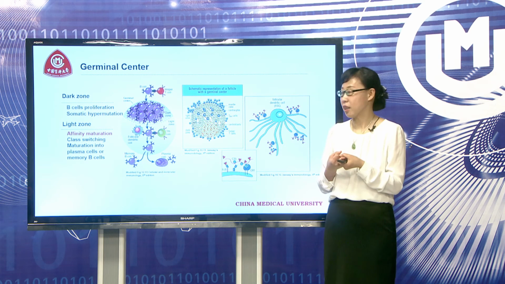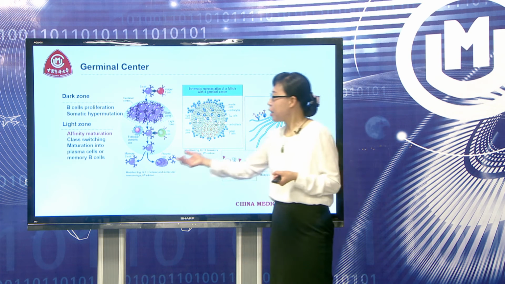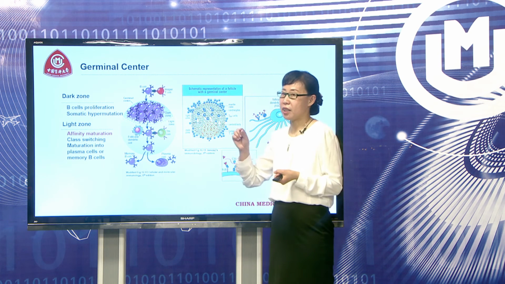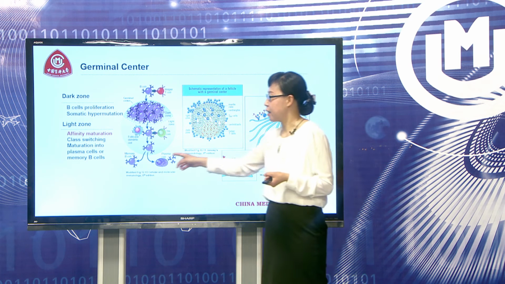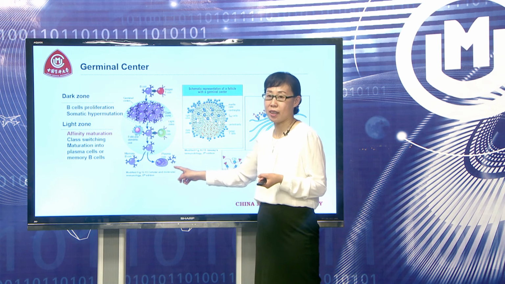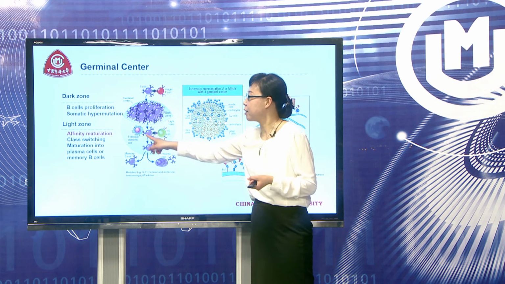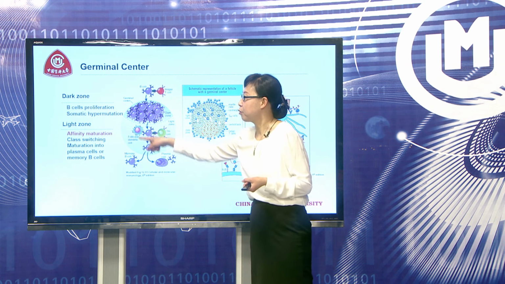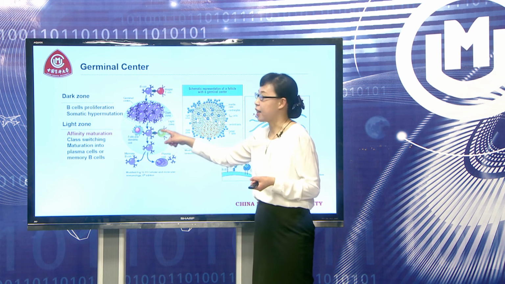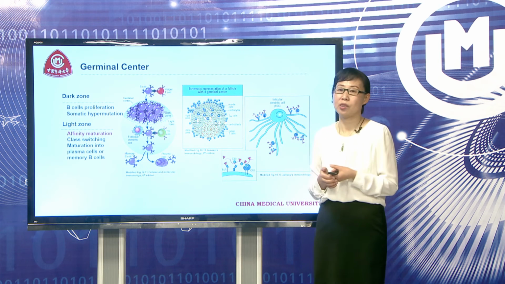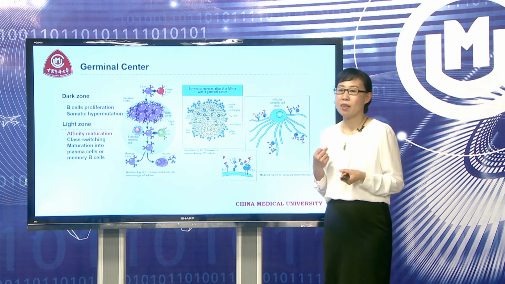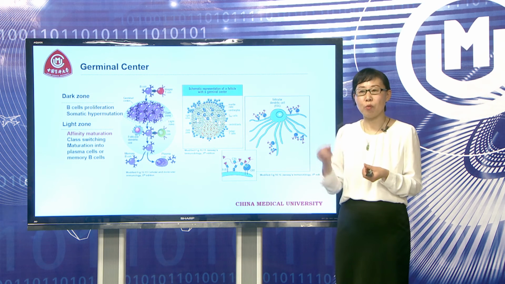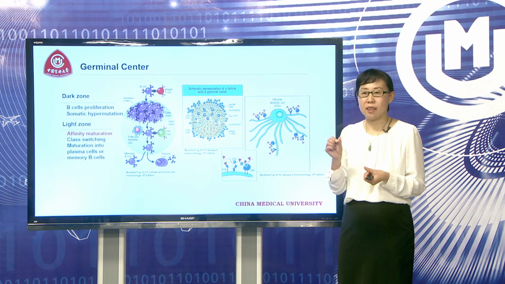After the competition, the B lymphocytes with higher affinity for the antigens can get the survival signal because they can bind with the antigen on the follicular dendritic cells and they can interact with the T cells. So they can survive. While other B lymphocytes with low affinity will die.